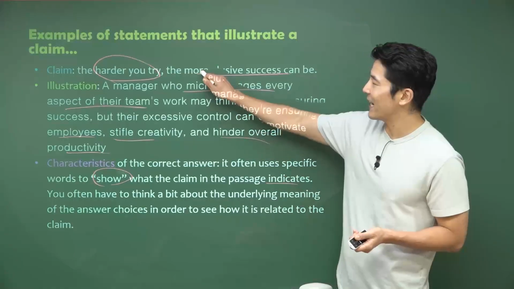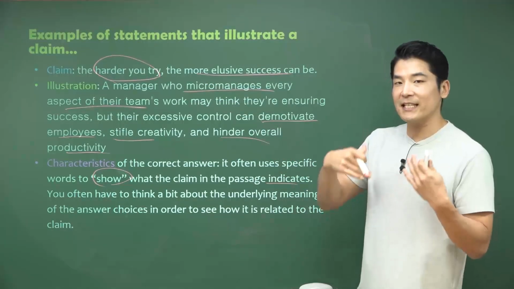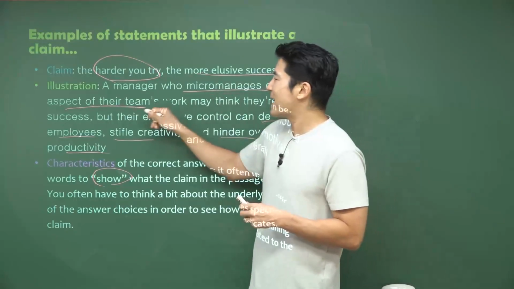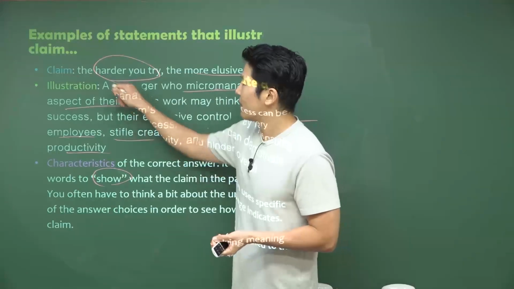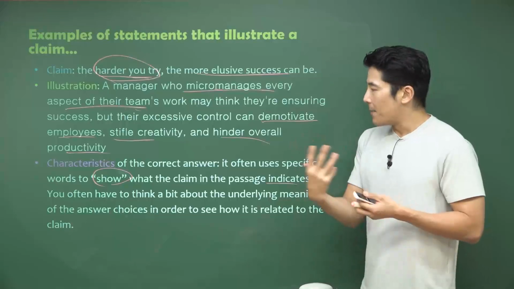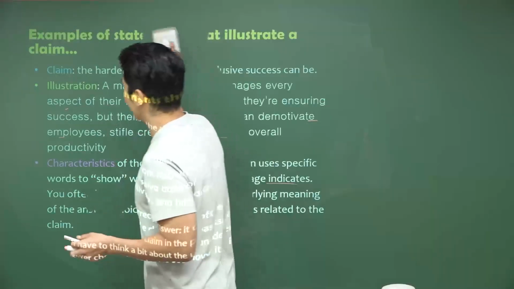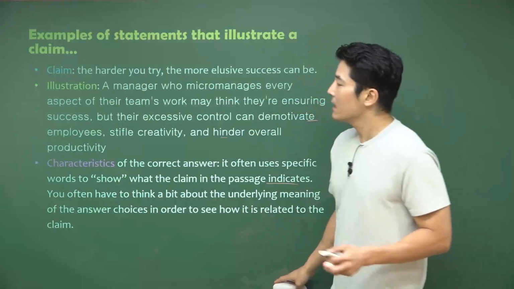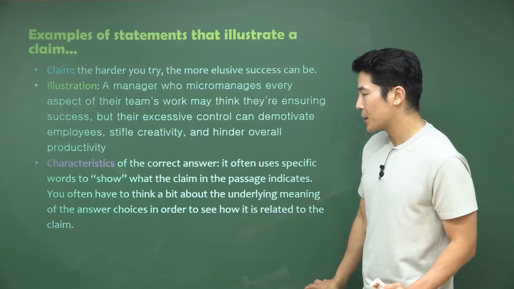So the claim indicates this, and we have the showing of it, the evidence or the illustration of it with the micromanaging of the team's work, as the showing of this statement or this indication. That's oftentimes a characteristic that you'll see in the correct answer for these types of questions, okay?